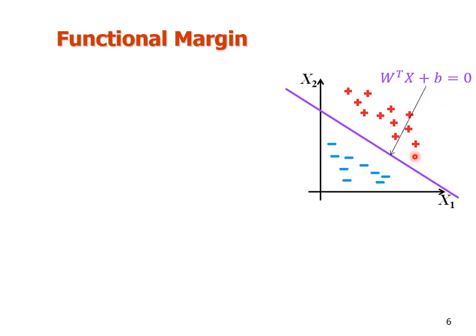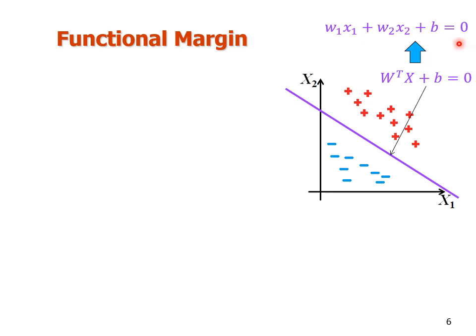This is a linear form of our hyperplane. Here w is a vector and x is also a vector. As we have two features x1 and x2, our hyperplane can be represented as w1 x1 plus w2 x2 plus b equal to 0.